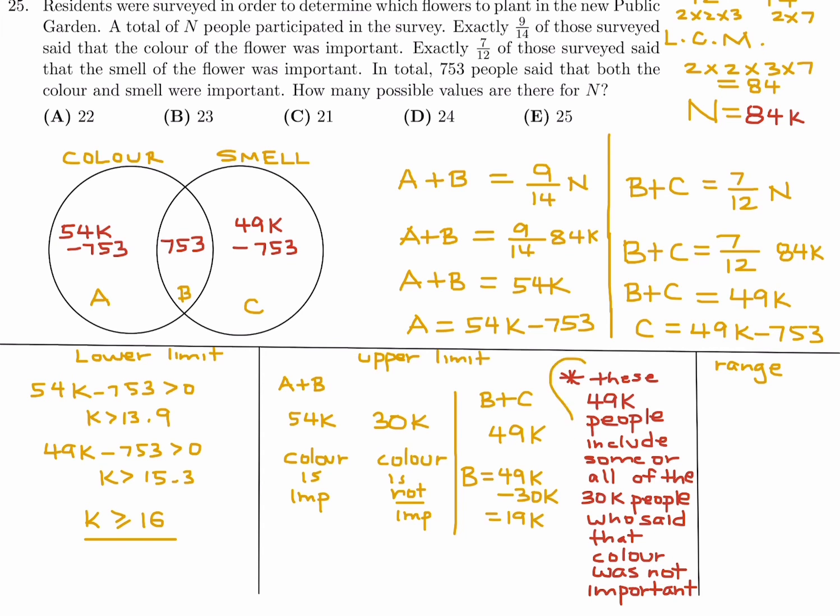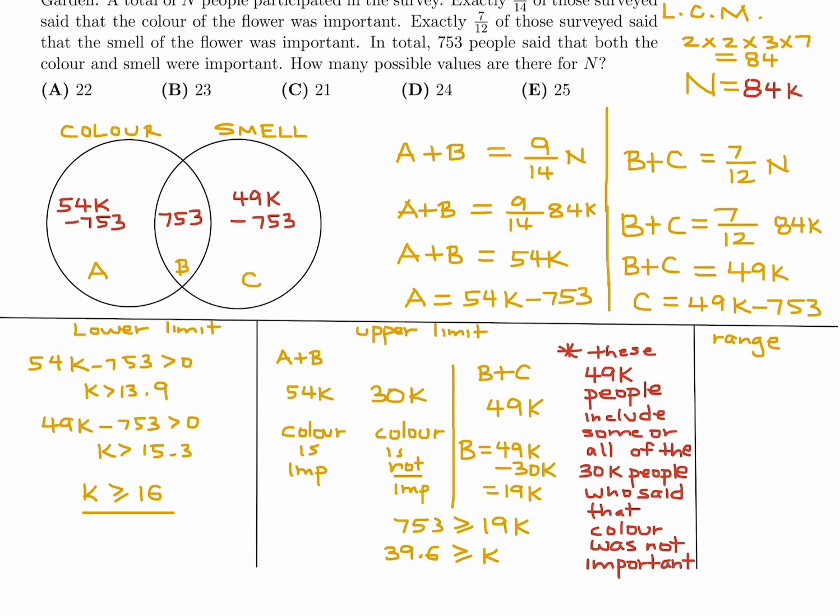And considering this statement, we can conclude that since B is 753, 753 must be greater than or equal to 19k. And if you do the math here, k becomes less than or equal to approximately 39.6. So in terms of integers, that means that k has got to be less than or equal to 39.